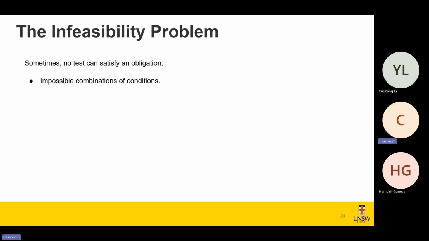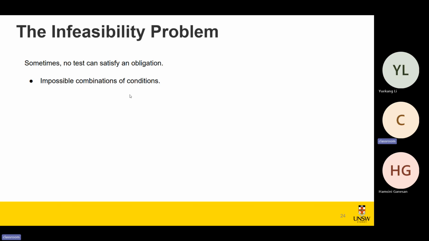There are several situations where we couldn't apply them, and there are some additional sources of infeasibility for doing white box testing. The first one is like what we have seen from the second practice we did today: there could be impossible combinations of conditions.